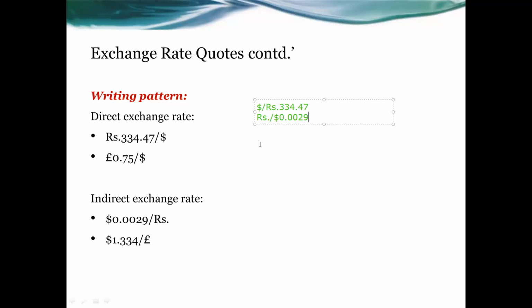Because in a foreign currency quotation, we always write rupees in terms of dollar. That means the right hand side has to represent one unit of currency. This value has to always be one unit of currency.